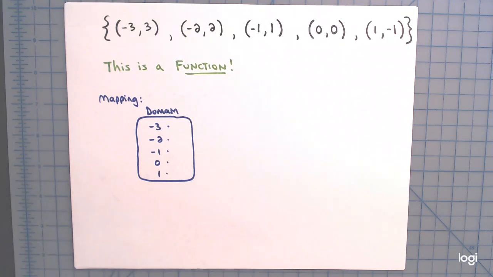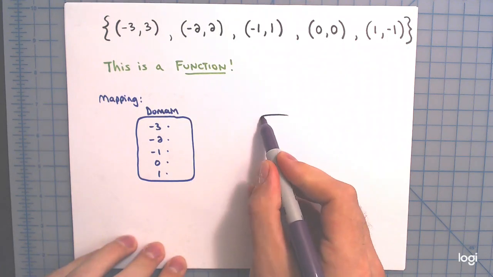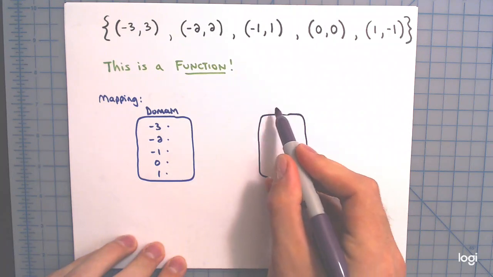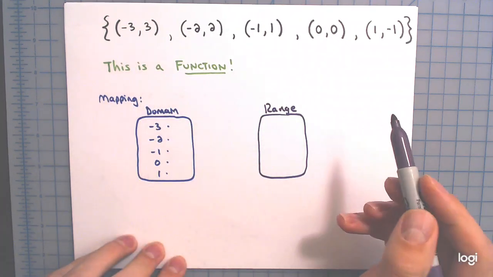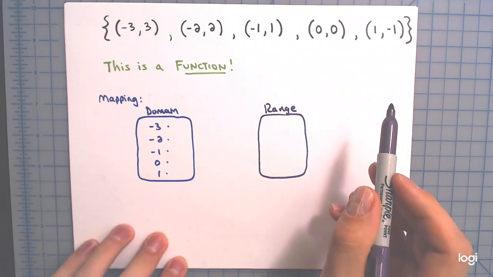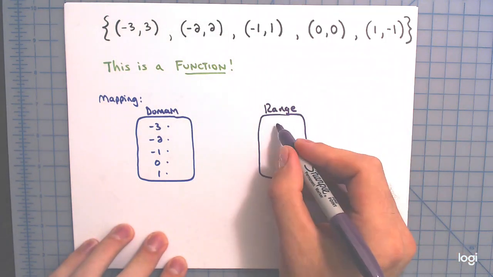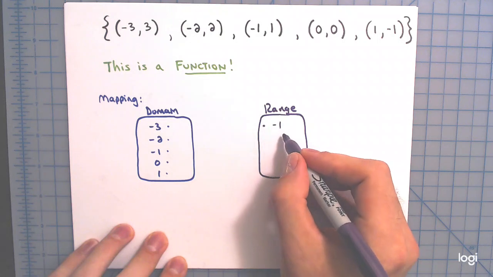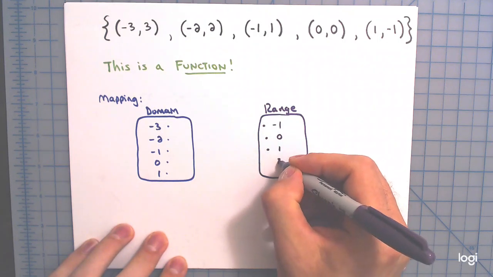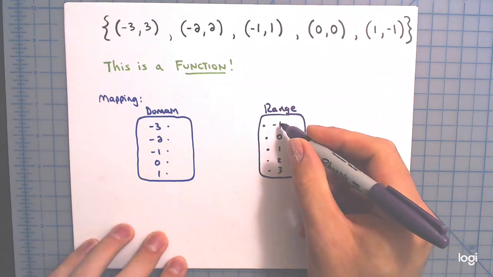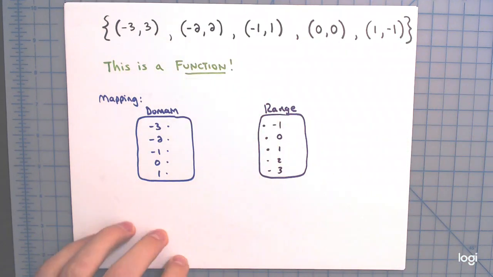And then the values of the range, right? The set of the outputs over here, where those are the y coordinates. Now I'll put them in order. So -1 would be the lowest, and then 0, and then 1, 2, and 3. These are all the y coordinates, the second coordinates.